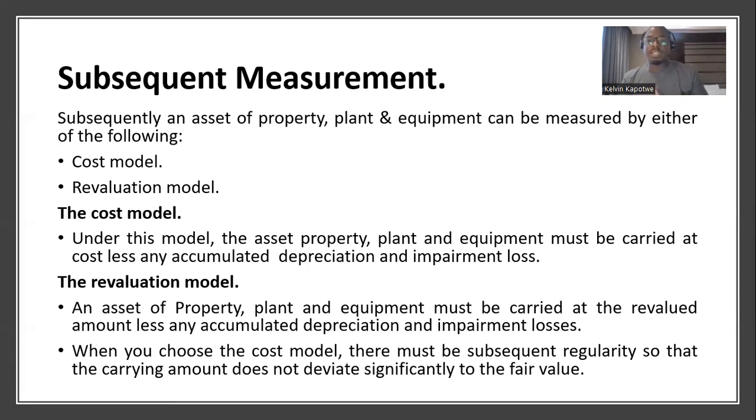Ignore the word "to" there, it's a typo. That is the first condition that you must meet. If you go with the revaluation model, you must be revaluing your asset regularly, because you don't want the carrying amount to deviate significantly from the fair value.